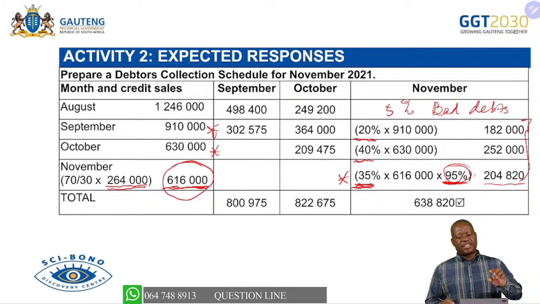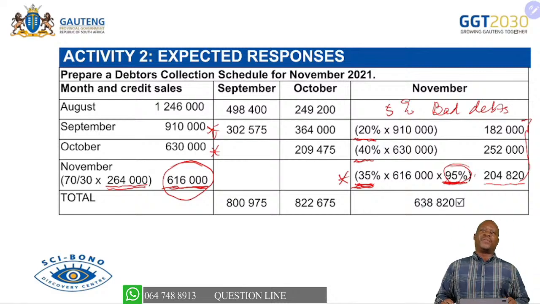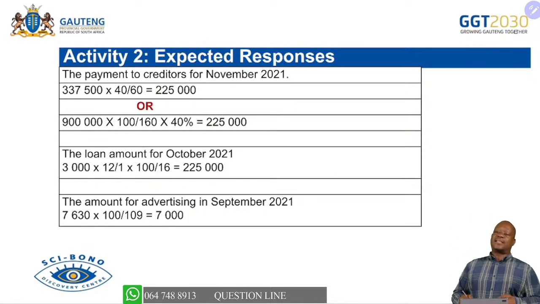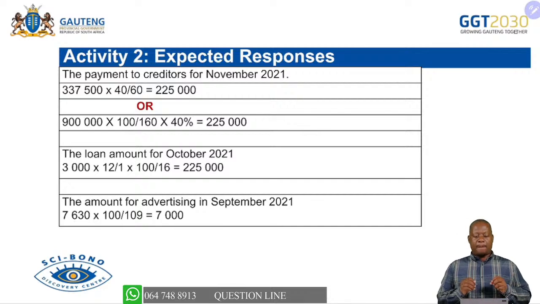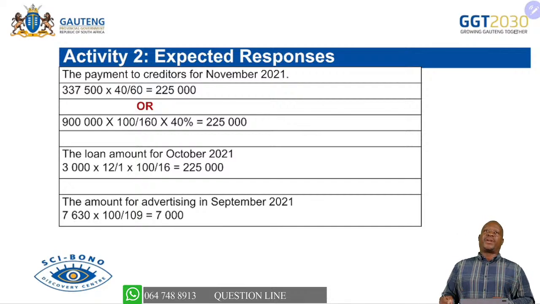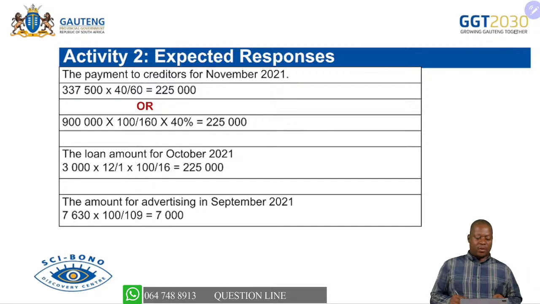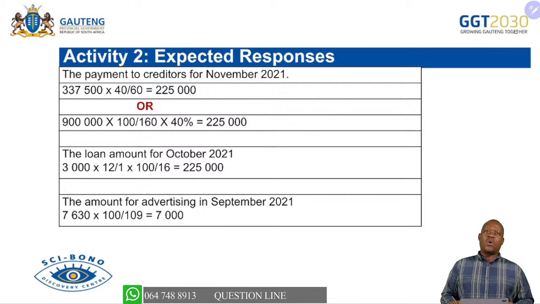Now, let's check how we are going to deal with the other missing figures. Let's start with the issue of payments to creditors. Remember what's happening here. We are told that our creditors are paid in the month following the month of purchase.